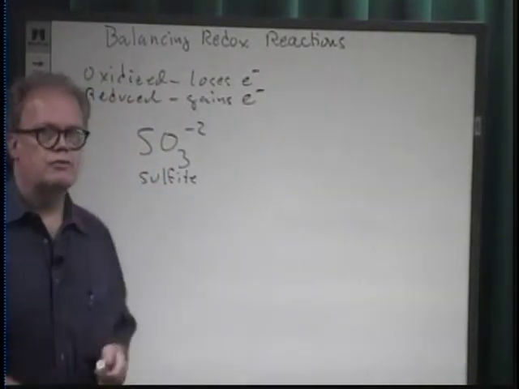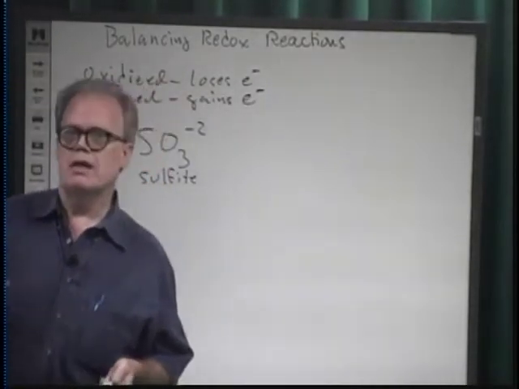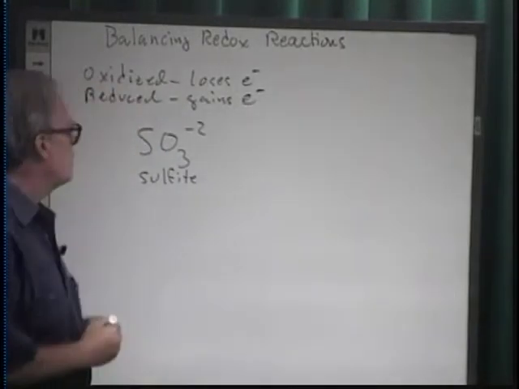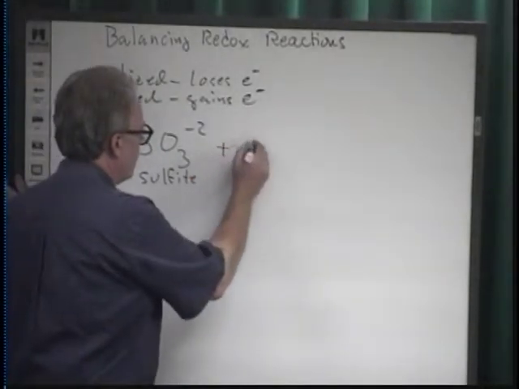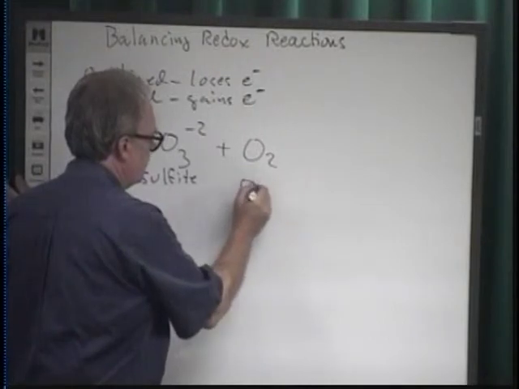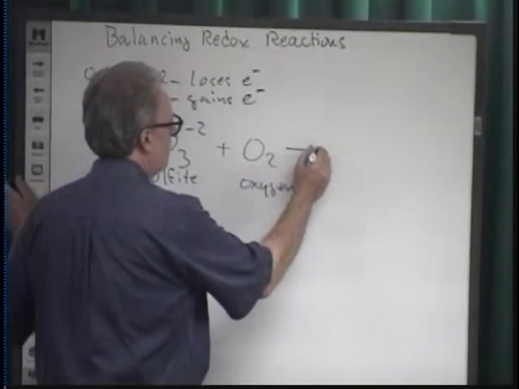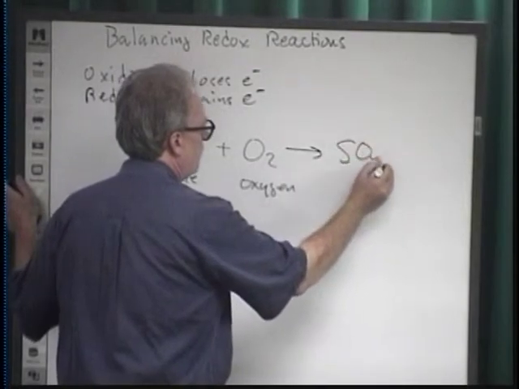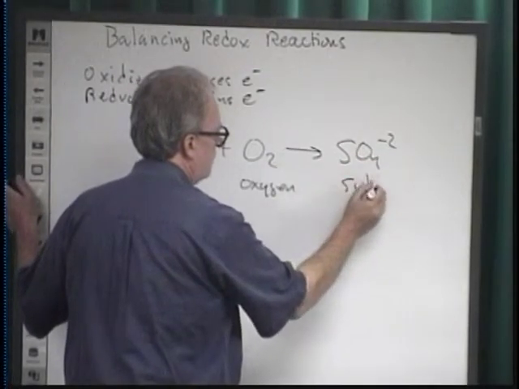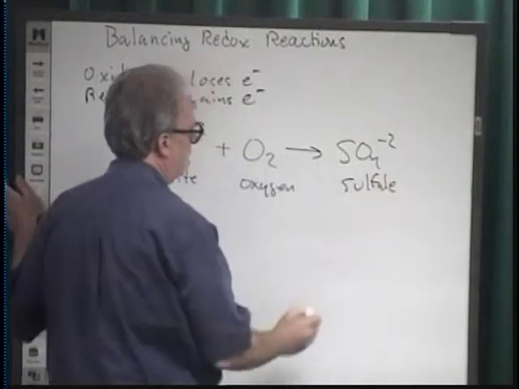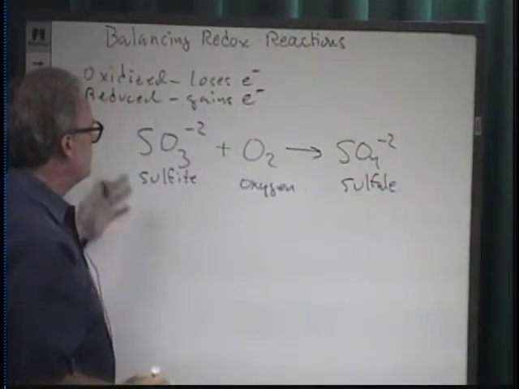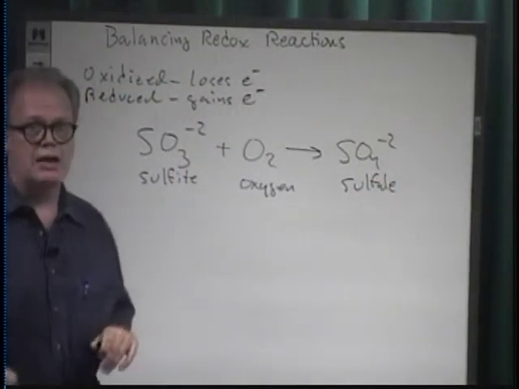But it's a little bit tricky adding it quantitatively to material because sulfite reacts with molecular oxygen, O2. There's always some molecular oxygen around. And that produces SO4 minus 2, sulfate. Okay? And this is an oxidation reduction reaction.